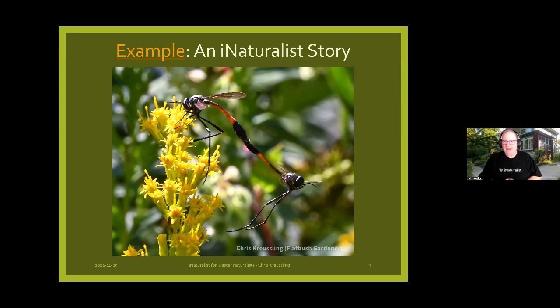Okay. Believe it or not, these are two flies. These are not wasps. They are flies. It's a type of bee fly, which I would never have figured out. I can see it's a fly, but I would never have figured out this was a bee fly. Most bee flies don't look anything like this.